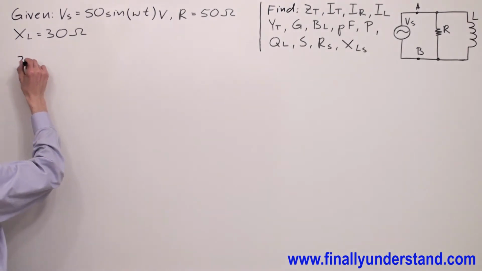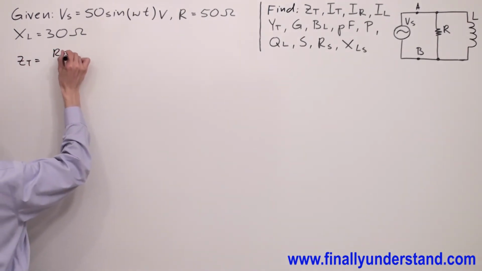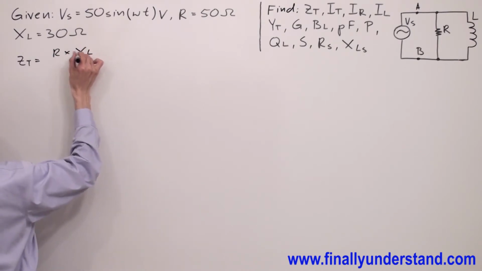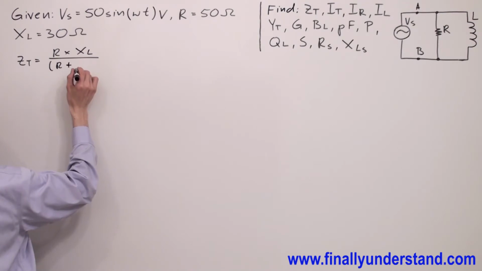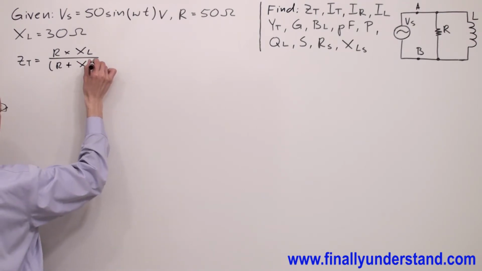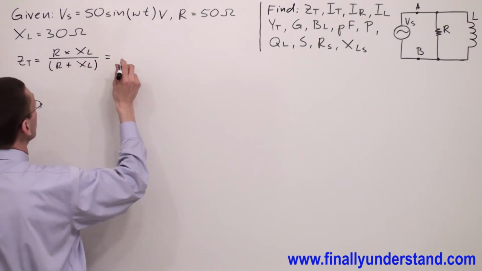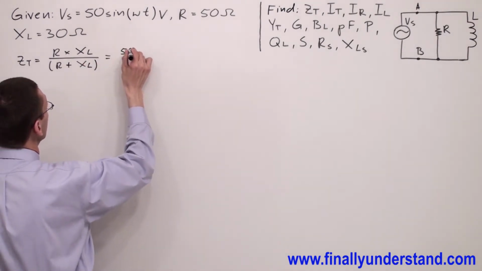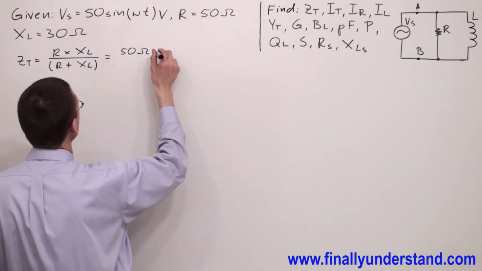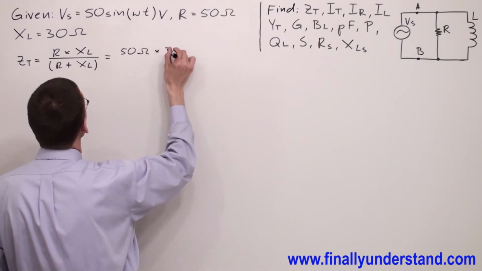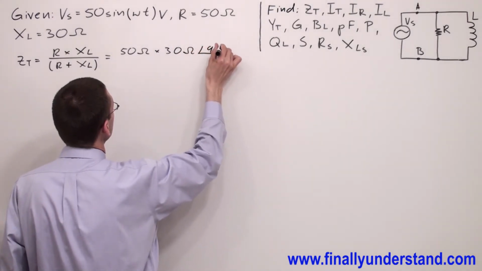So I have Z total is equal to R times X of L over R plus X of L, which is equal to R, 50 ohms, and X of L, 30 ohms and angle of 90 degrees.